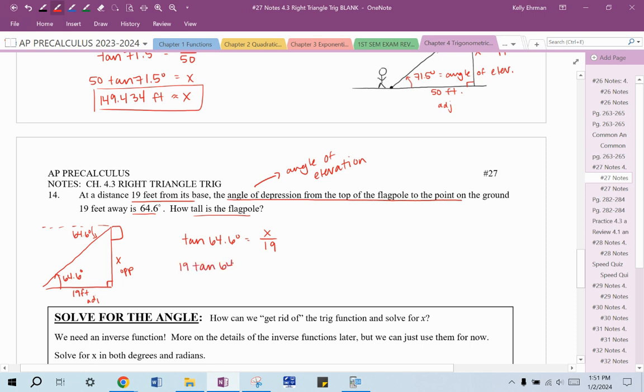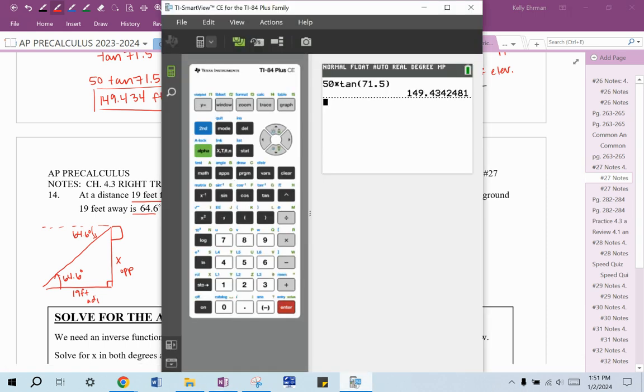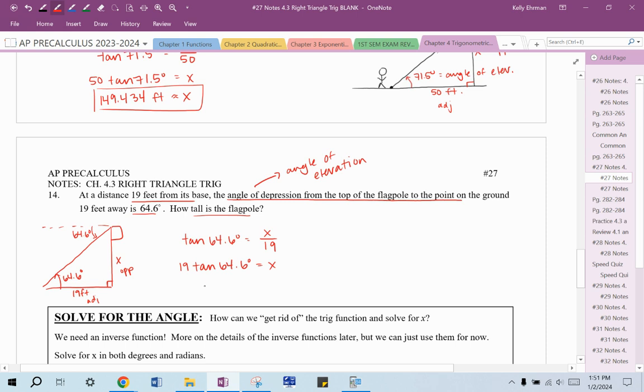So the exact answer is 19 times tangent of 64.6 degrees feet. But I want the approximate answer. And I get 40.014. Now we're going to label that with feet. It's approximately equal to x.